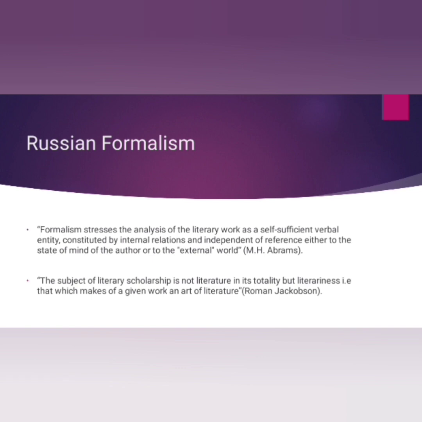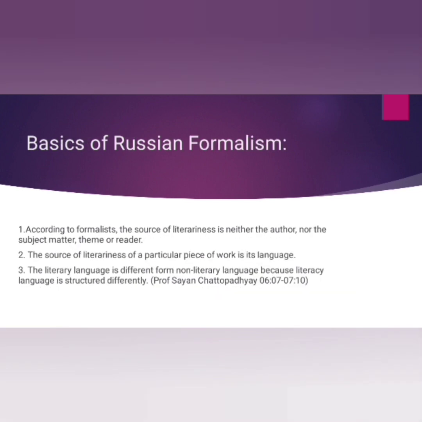And they got three basic points. The first point is that, according to formalists, the source of literariness is neither the author nor the subject matter, theme, or reader. Meaning that if we take the author as the source of literariness, then anything said by the author would be literary.